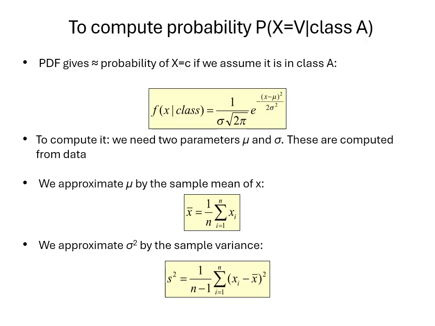We need to know the two parameters of each distribution within each class. These parameters are computed from data by approximating the mean with a sample mean and by approximating the variance with a sample variance.